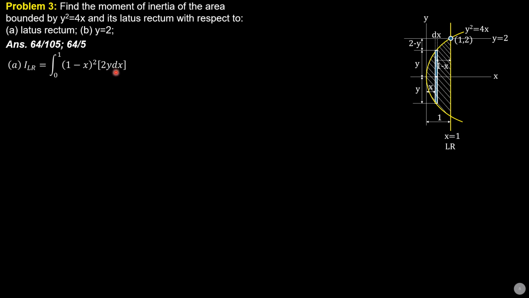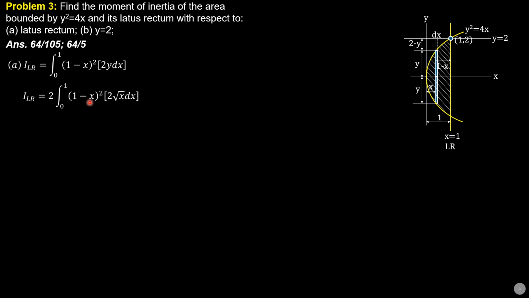The variable of integration is x, so we replace y with 2 square root of x, or square root of 4x, that's 2x to the 1/2. So I_LR equals the integral of (1 minus x) squared times 2 square root of x dx.